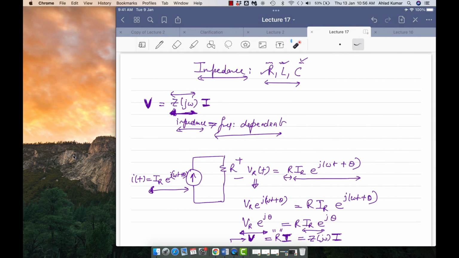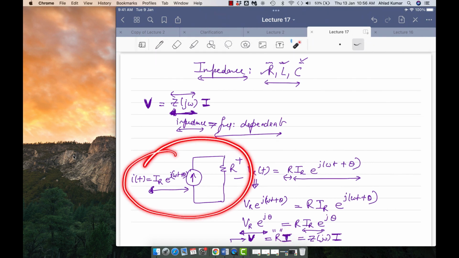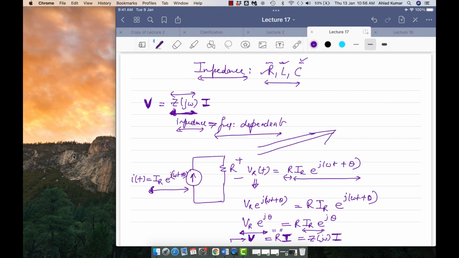From this, what you can understand is that the voltage and bold I representation for this particular circuit in the frequency format can be represented like this. I will write it as bold I. Then we have this resistor, and then I can write this as bold V. So here you can see that bold V is equal to bold I times R.